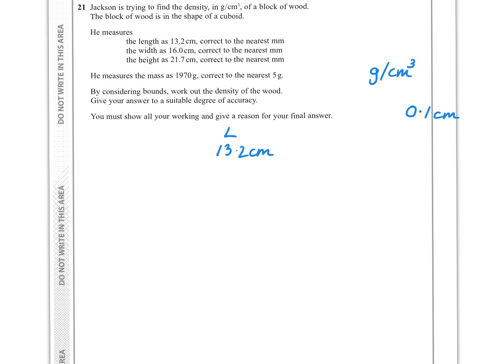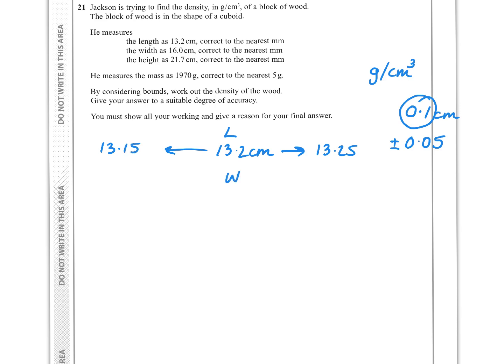So when you're finding the tolerance, or the upper and lower bounds, you just cut the unit of tolerance in half. So in this case, if you just do 0.1 divided by 2 on your calculator, then you can add and take 0.05. So in this case, it could be as high as 13.25 and as low as 13.15. Just check that on your calculator.